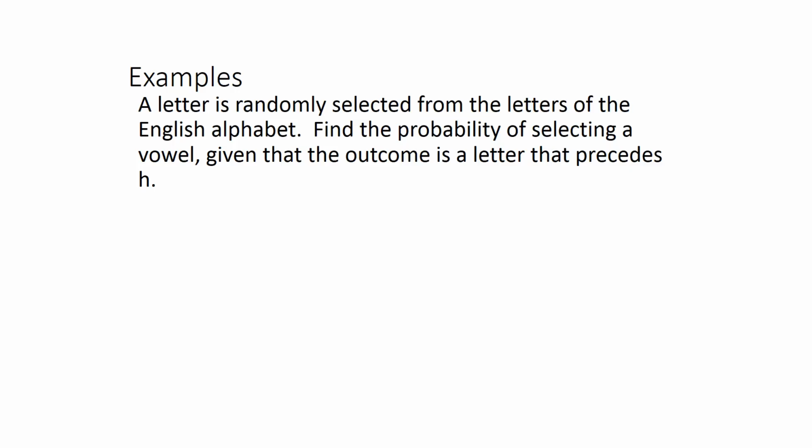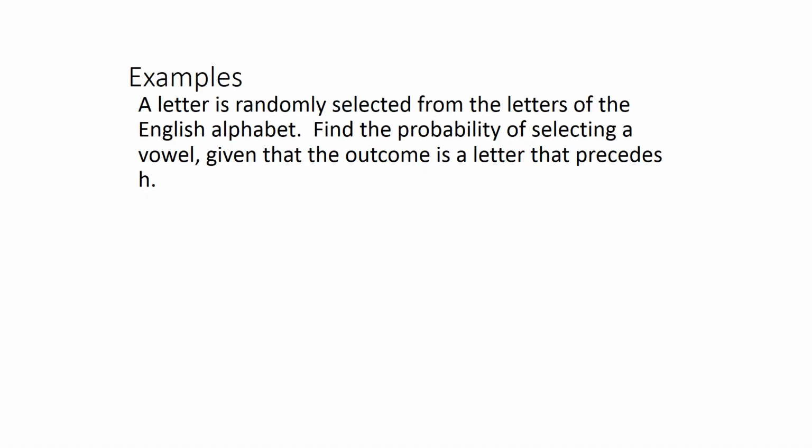A letter is randomly selected from the letters in the English alphabet. Find the probability of selecting a vowel given that the outcome is a letter that precedes H. So the denominator is not going to be 26.